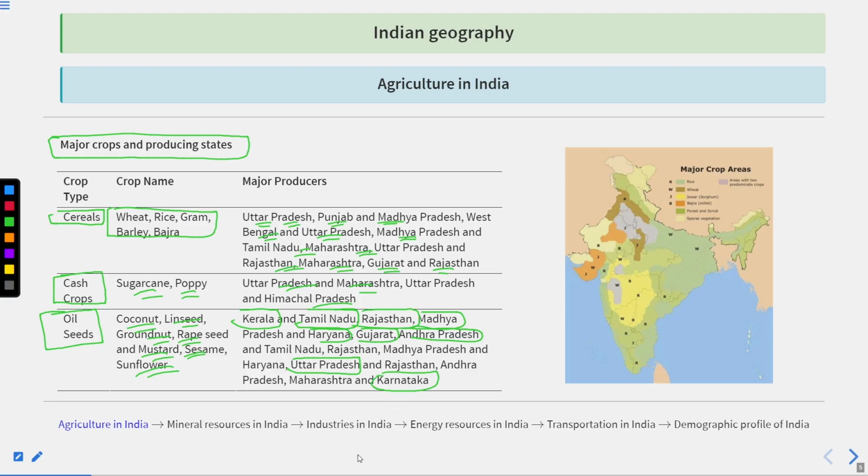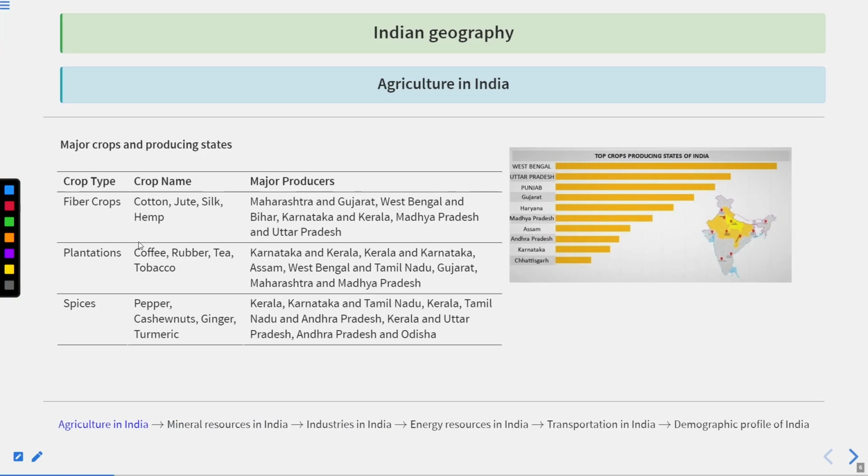If we move forward, then we have the fiber crops: cotton, jute, silk, and hemp. Major producers are Maharashtra and Gujarat, Bengal and Bihar, Karnataka and Kerala, Madhya Pradesh and Uttar Pradesh. These states are basically in combination because they touch boundaries with each other.